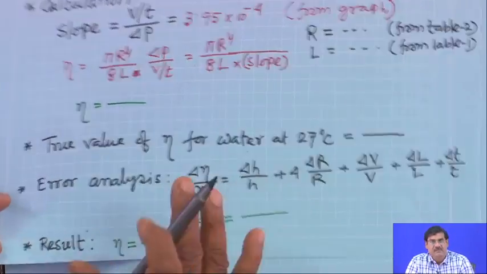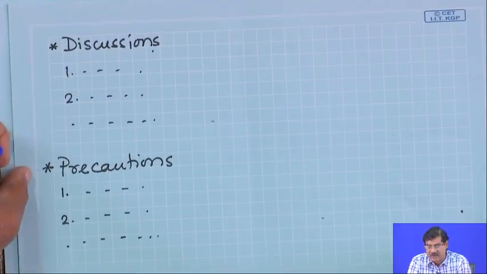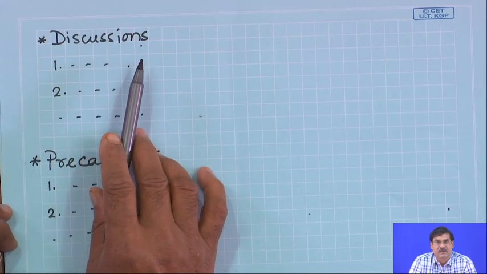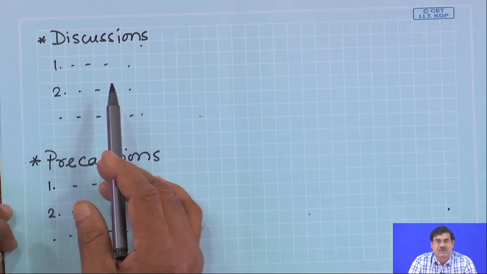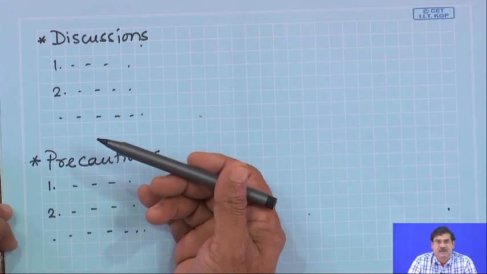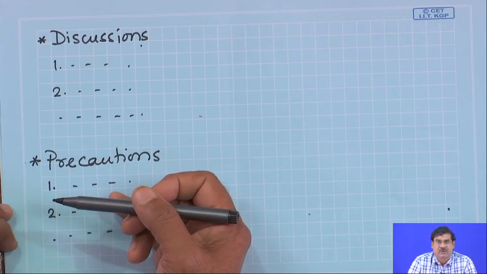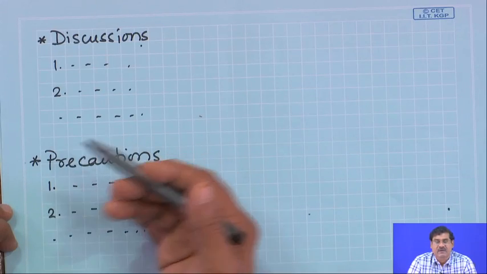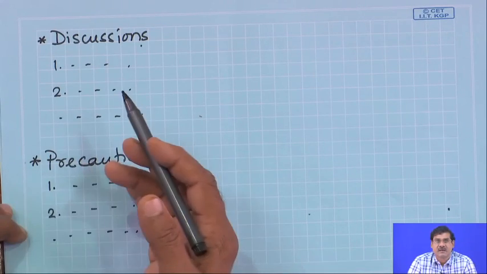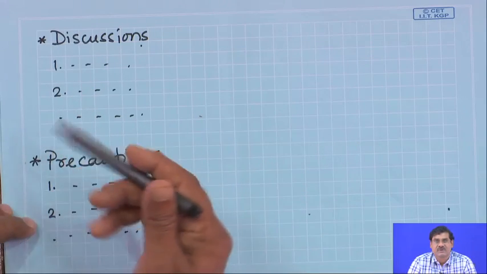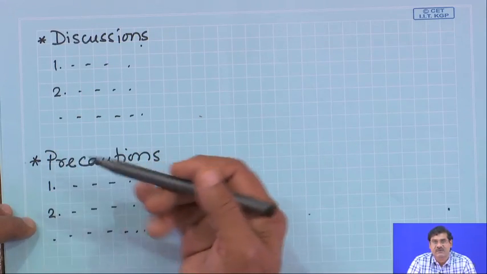I have not told this earlier for other experiments, but the next important step should be the discussion. In the discussion, there are points 1, 2, 3. One point could be the true value, the standard value of the viscosity, and whether your value deviates from it. The discussion is a place where you should tell your words.